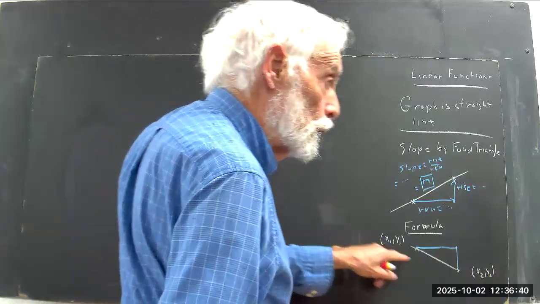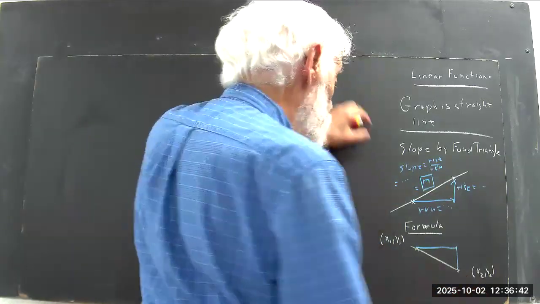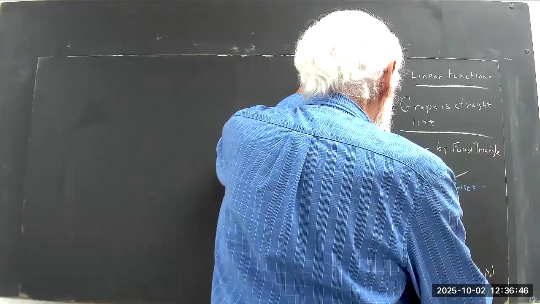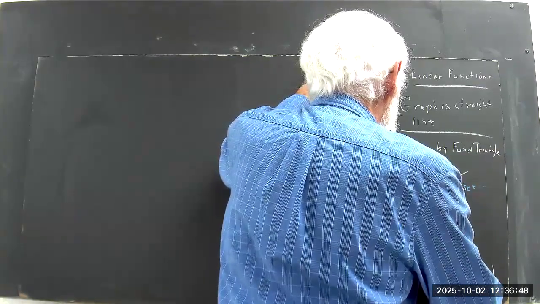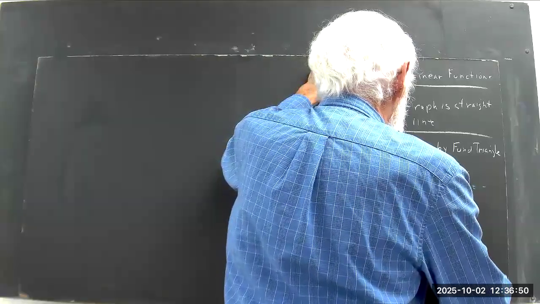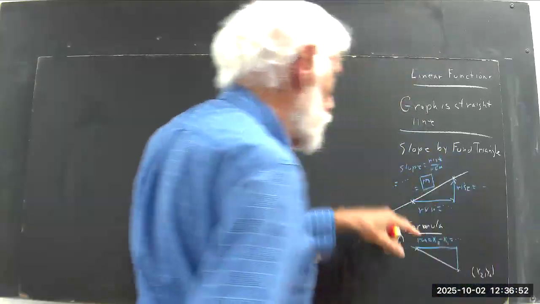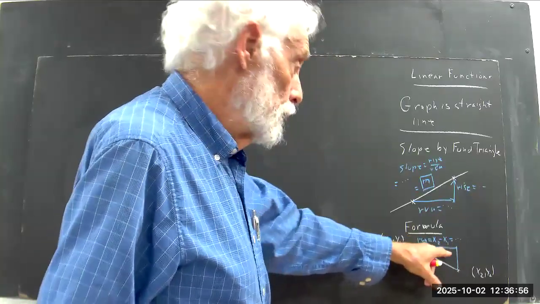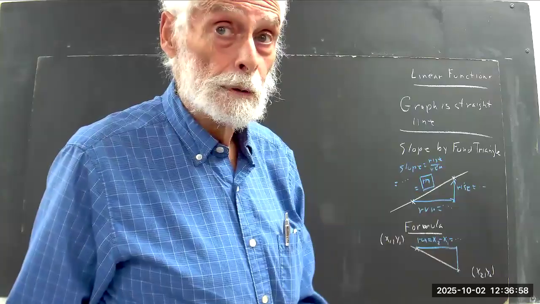Okay, this is x1, y1, this is x2, y2. Run equals x2 minus x1. And if you know what x1 and x2 are, you can say what they equal, right?